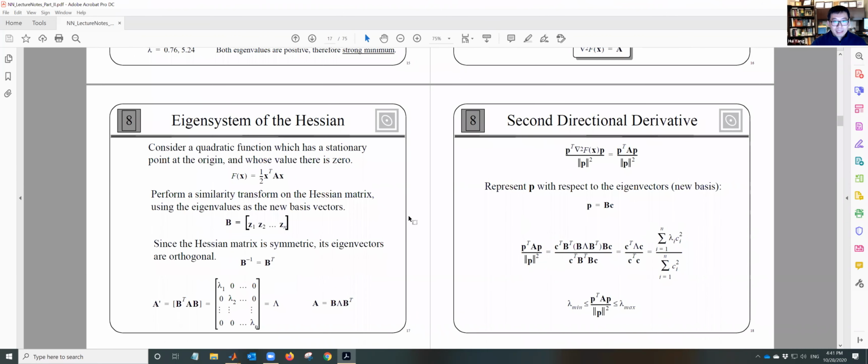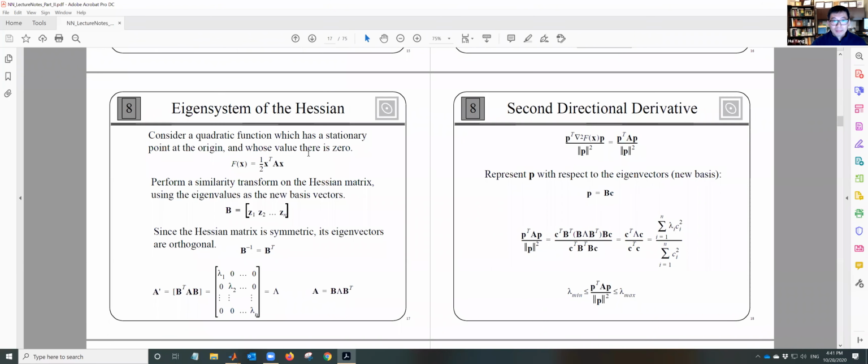Now, eigensystems of Hessian. You guys recall what is eigen decomposition? Ax equals lambda x. A matrix multiplied by an eigenvector equals lambda, the eigenvalue, multiplied by the eigenvector. Recall that? So consider a quadratic function which has a stationary point at the origin, whose value there is 0, then f(x) equals this one, right?